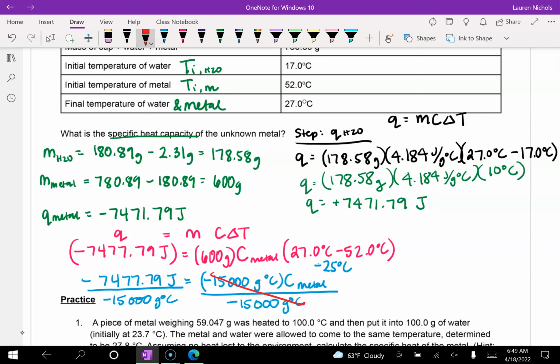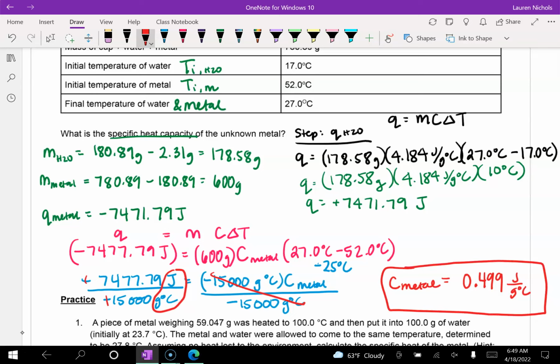And so this cancels out, and that means the specific heat of our metal has units of joules per gram degrees Celsius. Negative divided by negative turns positive, so 7,477.79 divided by 15,000 gives us a specific heat of 0.499 joules per gram degrees Celsius.